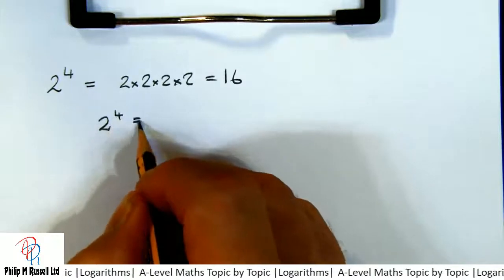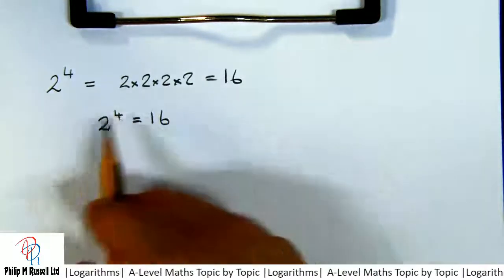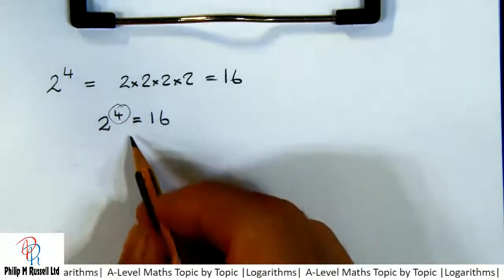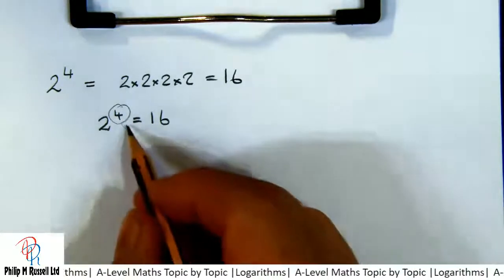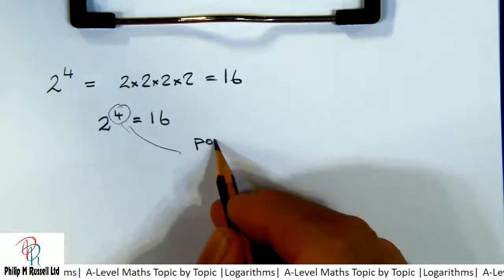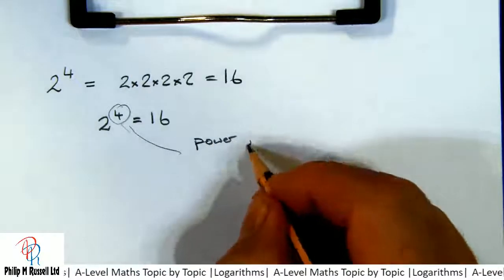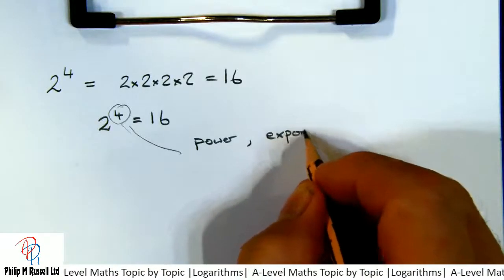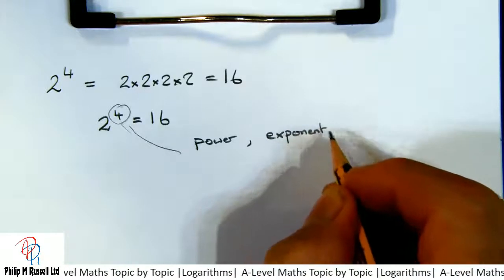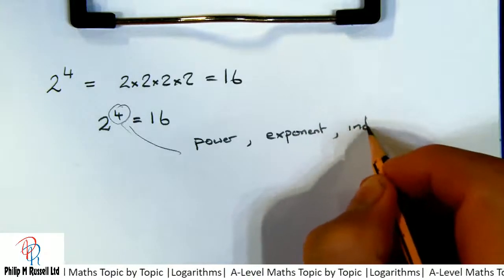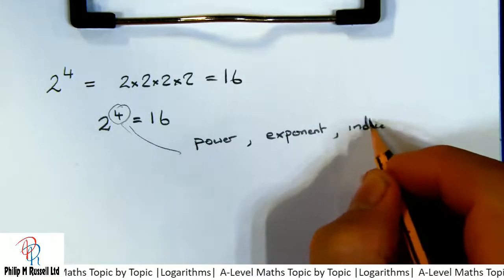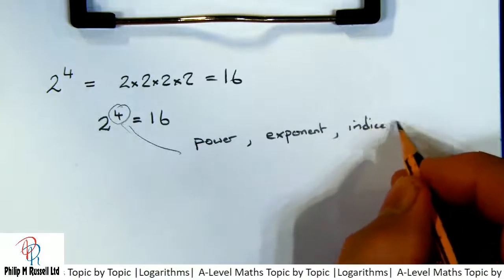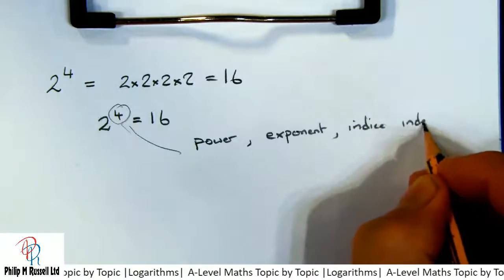Well, we've got various bits and pieces. We call this one here the power, but also it's sometimes called an exponent or an exponential, and sometimes it's called an indice, or in this case, because we've only got one of them, an index.